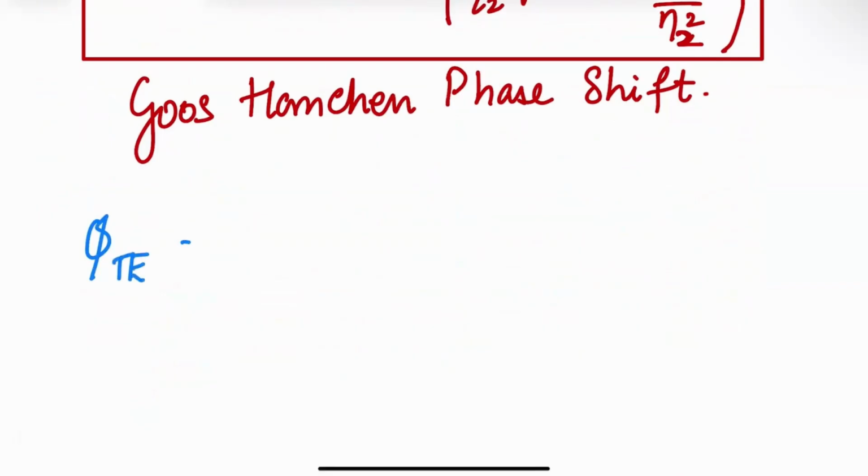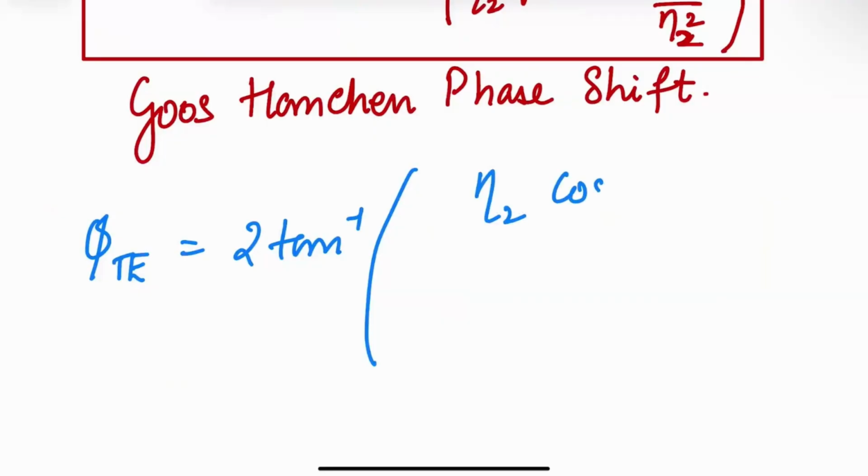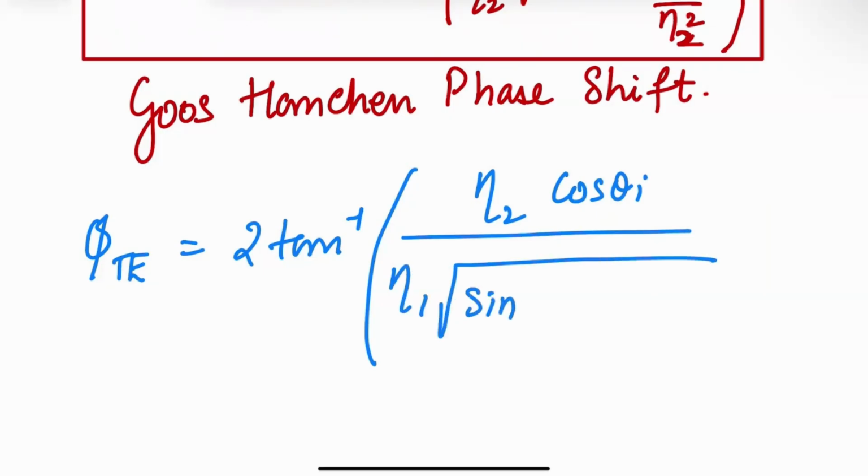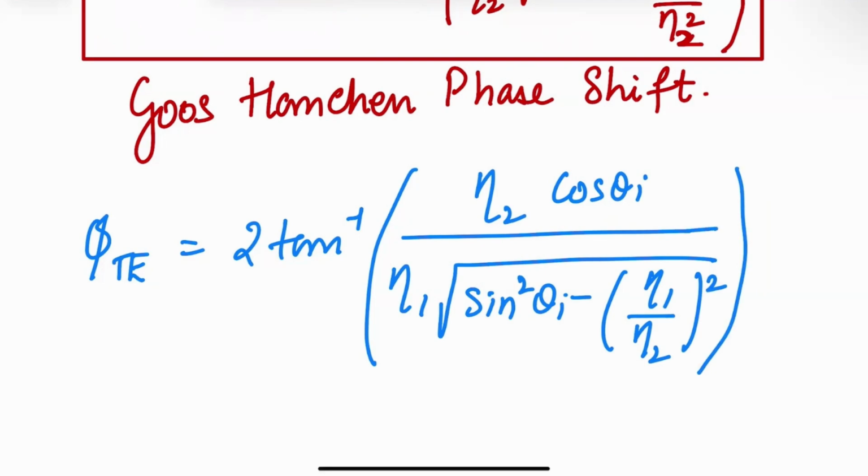So I'm not going to go through the derivation again, but I'll write the final expression. 2 tan inverse of eta 2 cosine theta i over eta 1 square root of sine squared theta i minus eta 1 squared over eta 2 squared. That's for the TE case.